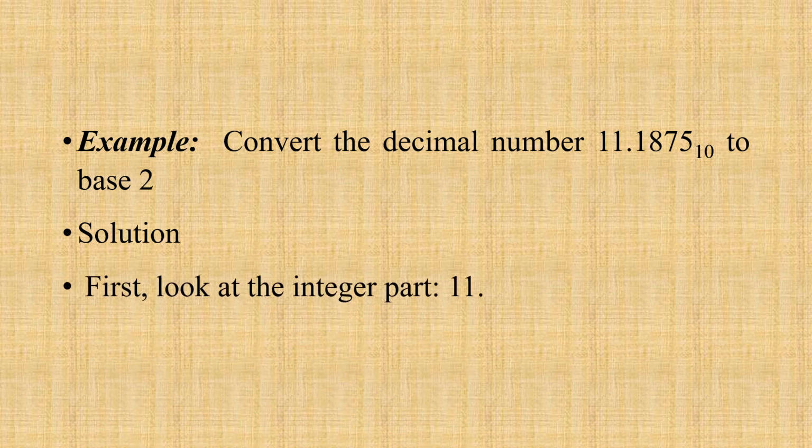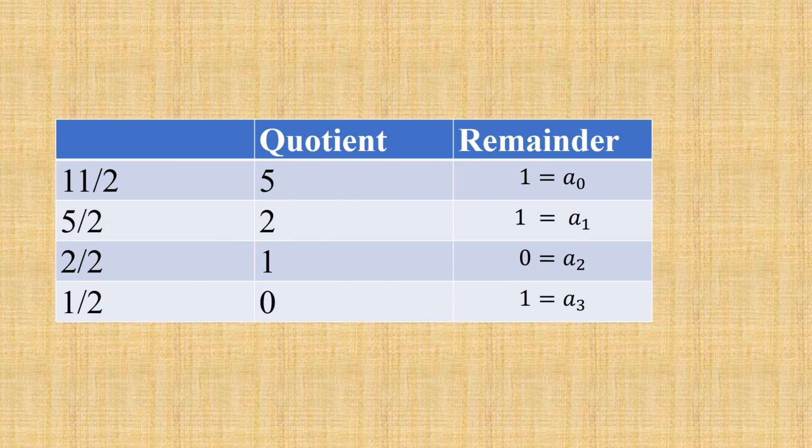Solution. First, look at the integer part, 11. Table 2.1. Quotient, remainder. 11 divided by 2 equals 5 and the remainder is 1, which is A0. 5 divided by 2 equals 2 and the remainder is 1, which is A1. 2 divided by 2 equals 1 and the remainder is 0, which is taken as A2. 1 divided by 2 equals 0 and the remainder is 1, which is recorded as A3.